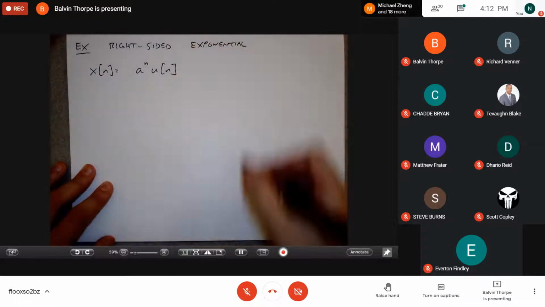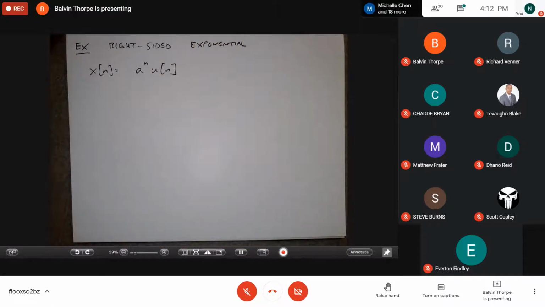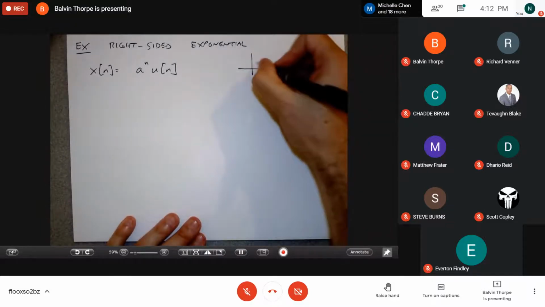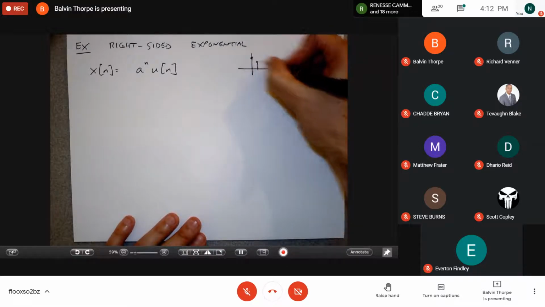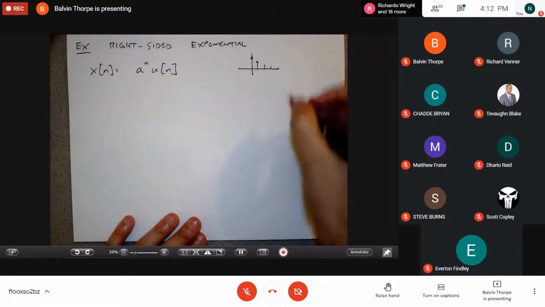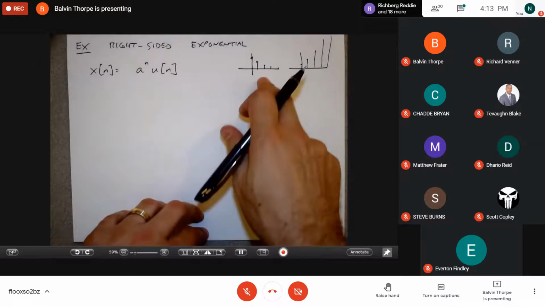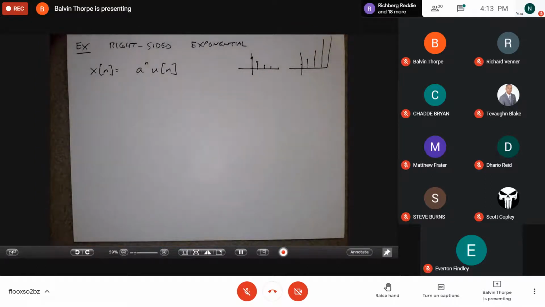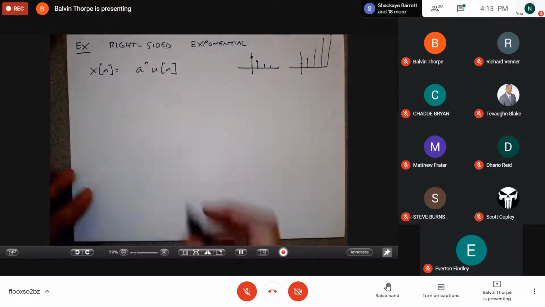It's called right-sided because it only starts at 0 and then goes on to infinity off to the right-hand side, right? When the magnitude of a is less than 1, I get a decreasing exponential. When the magnitude of a is greater than 1, I get an increasing exponential. And so you can already predict that the ROC has to do with when a is less than 1, right? Because otherwise, I'm never going to get sums that converge with pictures that look like this.